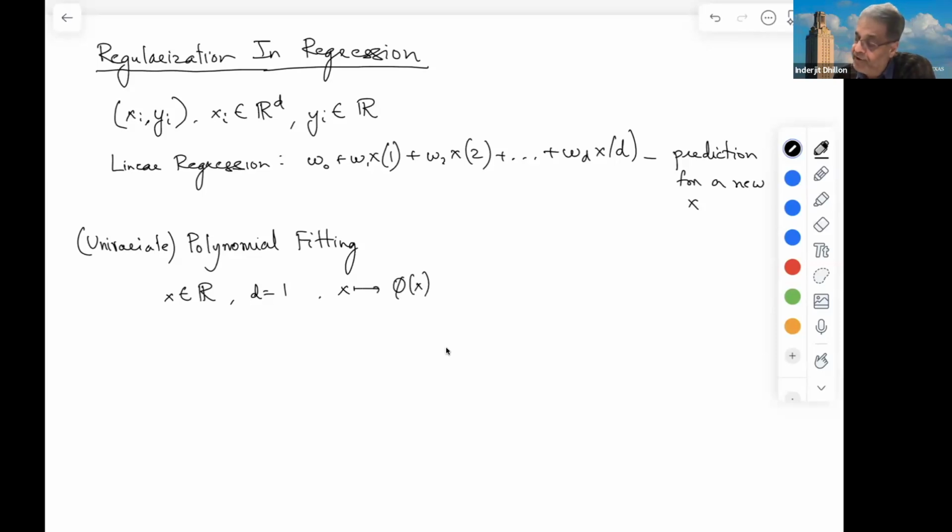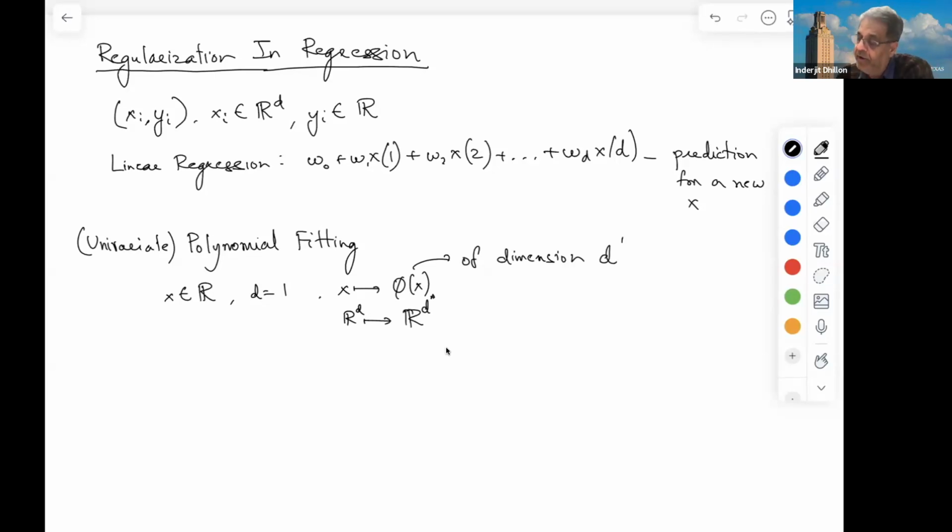So I'm going from R^d, which in this particular case is d equals 1, to R^d', let's say. So phi of x is of dimension d prime.